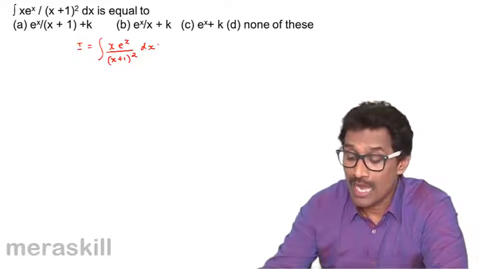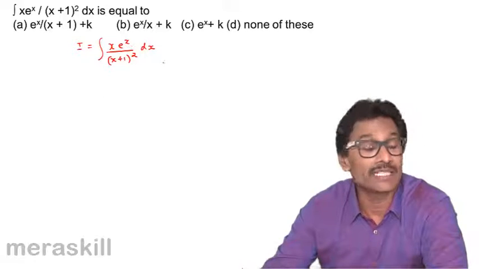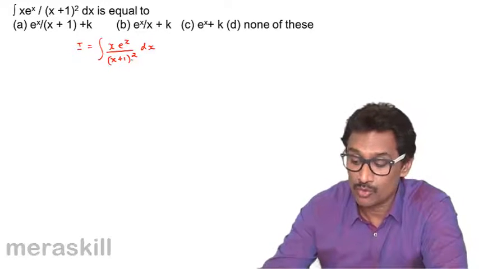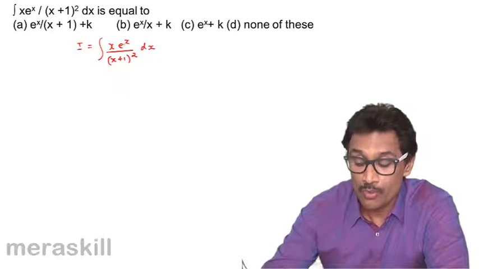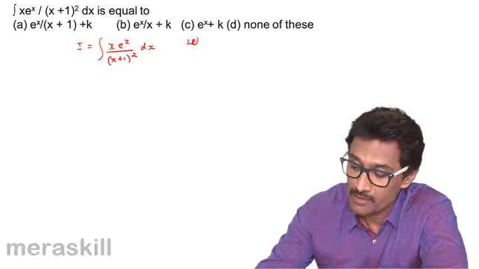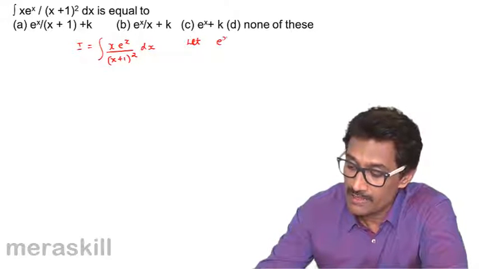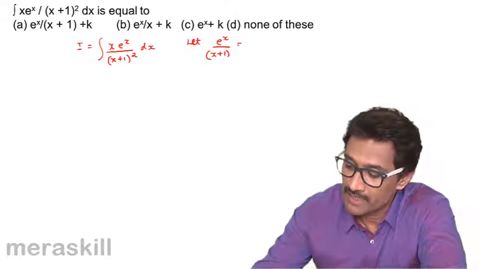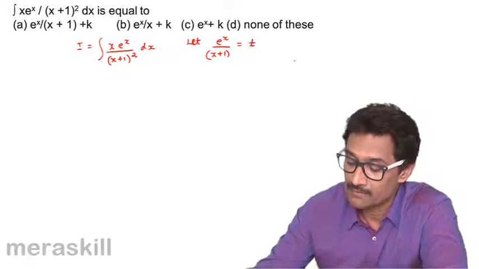Now, how do we understand what to take as t? Obviously, this has a denominator quotient. So we could take, let e raised to x upon x plus 1 be t.